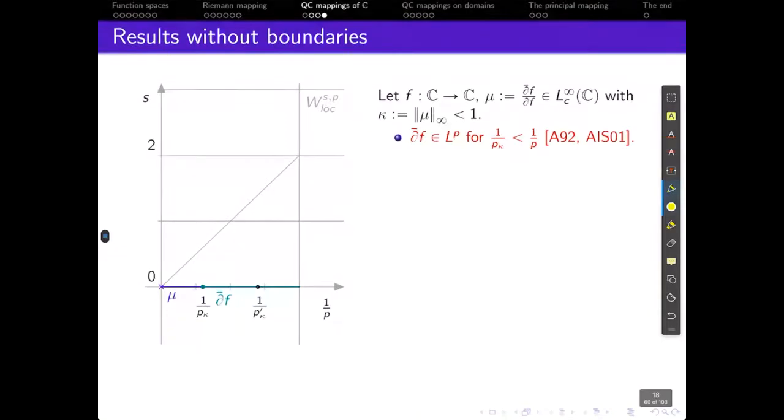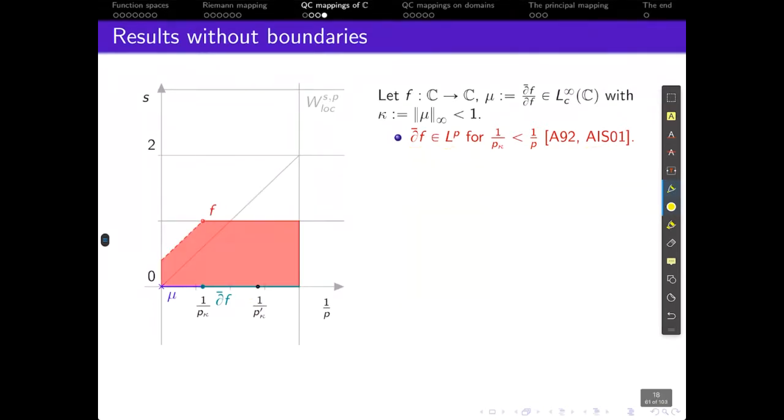Okay, why? Because as Astala showed in 94, delta bar F is in L^p in all this region here. And in fact, Astala, Iwaniec, and Martin showed that the operator identity minus mu times Beurling is invertible in all this range. This is called the critical range. Okay, open, not at the endpoints. Okay, good.